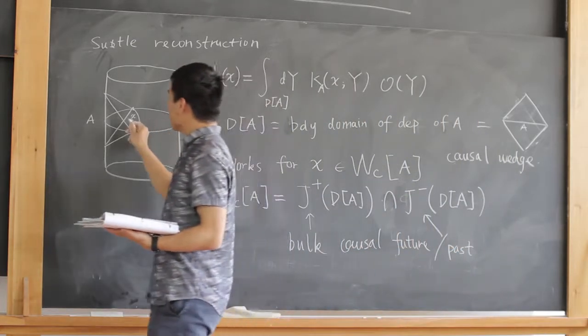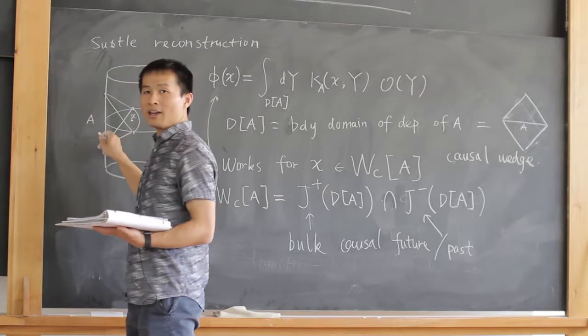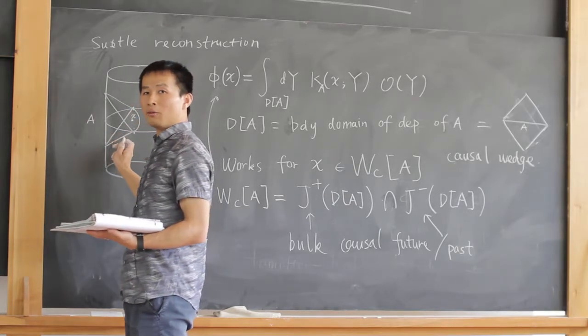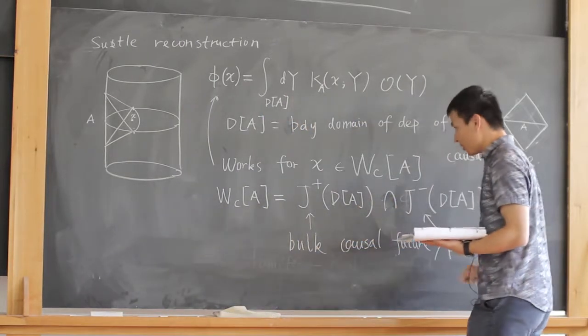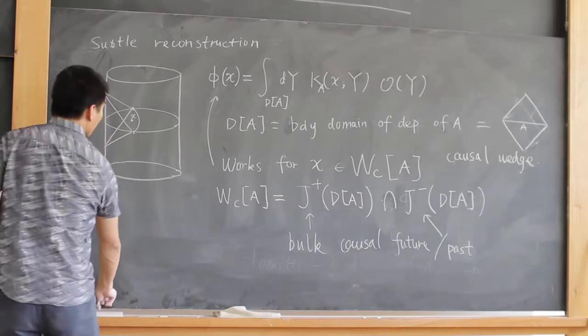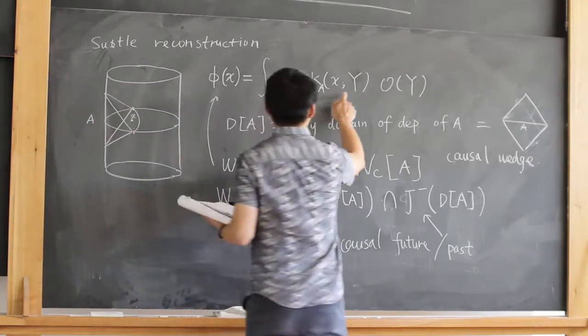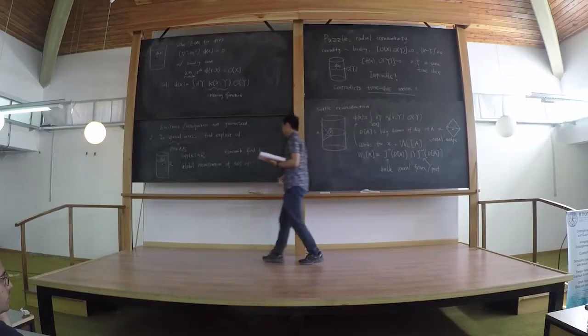Those are the points that can both be reached from D of A and can reach into D of A by a causal curve. So that's the intersection, and that defines the causal wedge. The statement is whenever x is in the causal wedge, we can reconstruct the operator in this way.